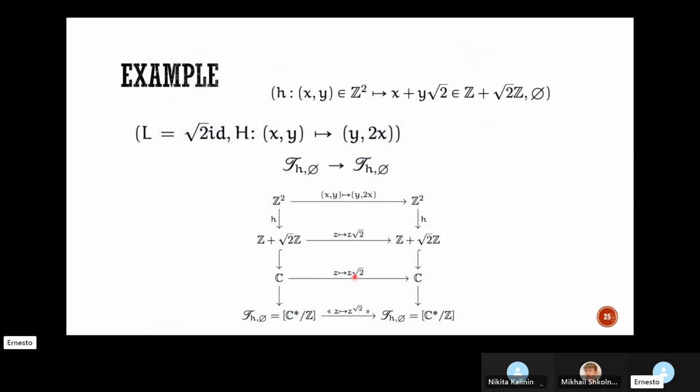So, but let's do an example. Suppose that H of (x, y) in Z^2 goes to x plus y square root of 2. And here, I should be very tempted to write h bar here, but I will write square root of 2 because it's an example. So one thing is rational, the other thing is irrational. This corresponds to an irrational slope Kronecker foliation on the torus.